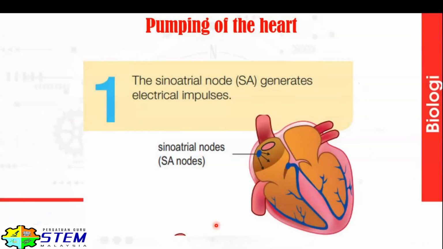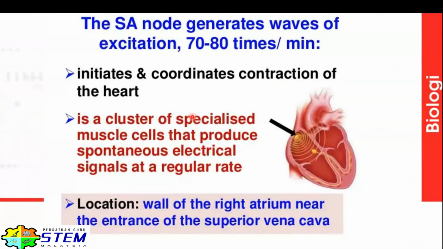The sequence of events for pumping of the heart. The first event: the sinoatrial node, or SA node, will generate the electrical impulses. The SA node generates waves of excitation about 70 to 80 times per minute. It will initiate and coordinate contraction of the heart.